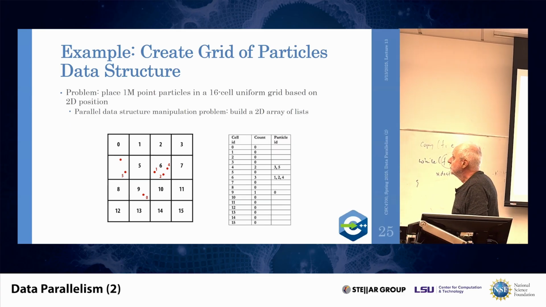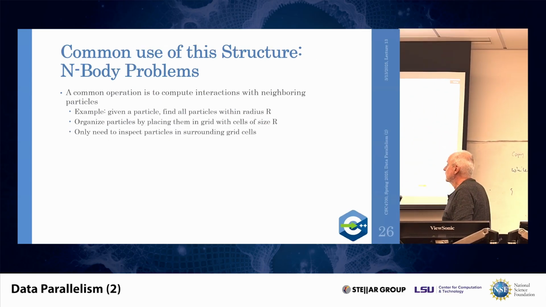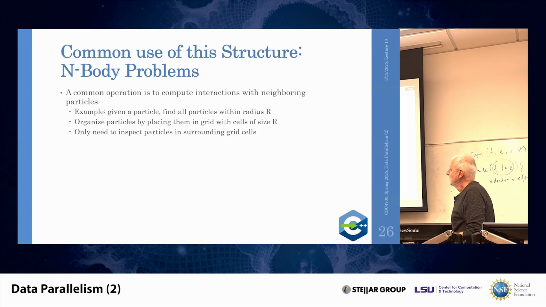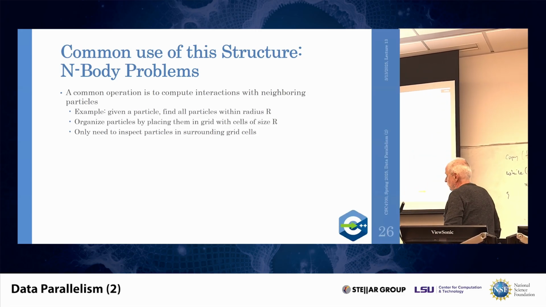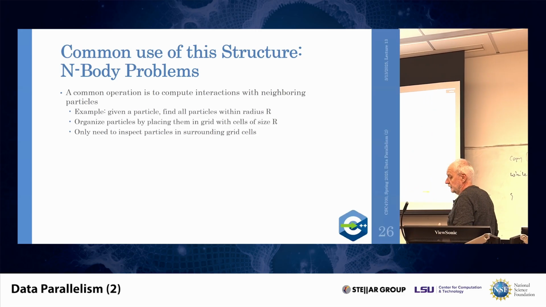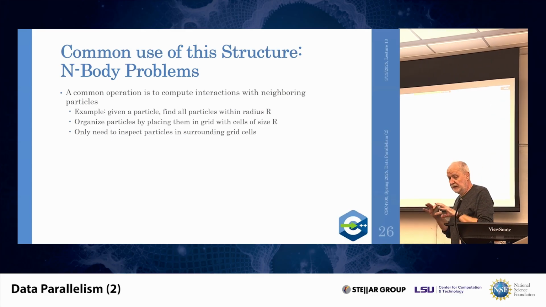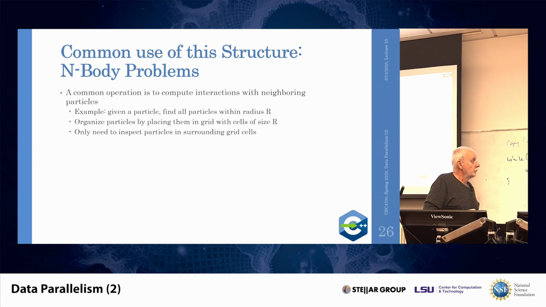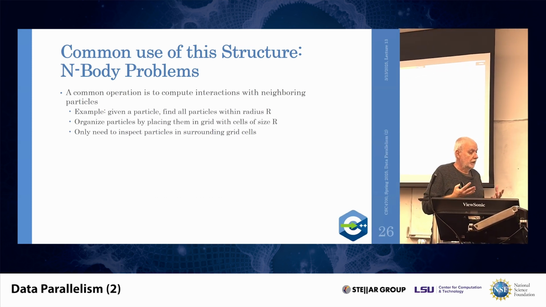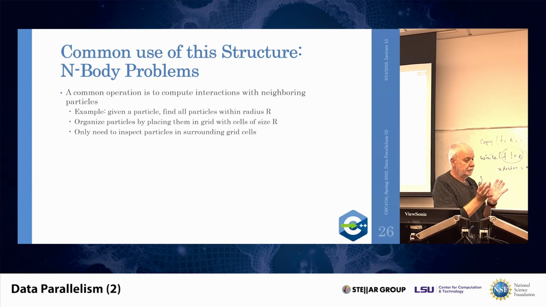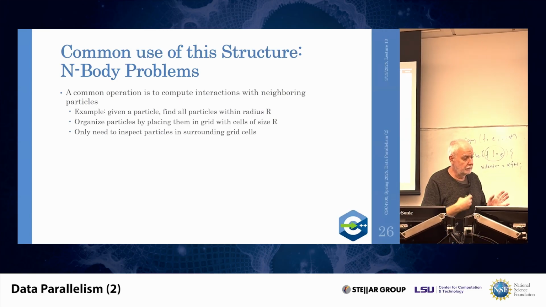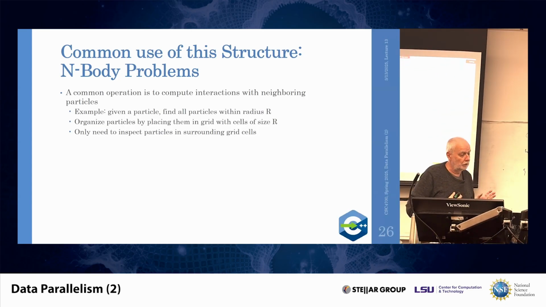Where is that used? Well, that is a common operation in n-body problems, where you want to find all particles that are inside a certain distance from a given particle, so that we can reduce the amount of interaction between particles when we do the time step iteration over an n-body problem.